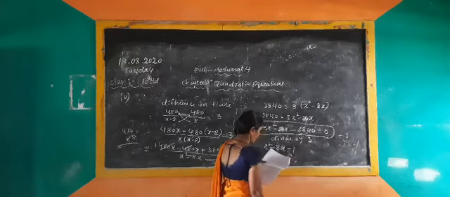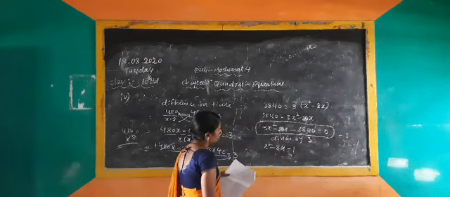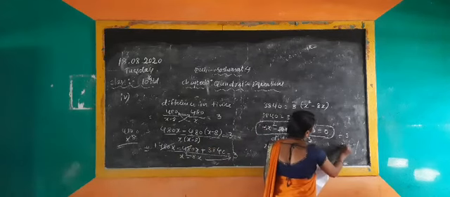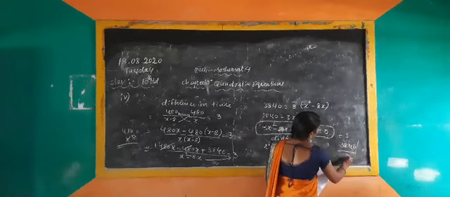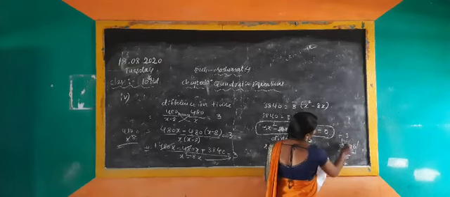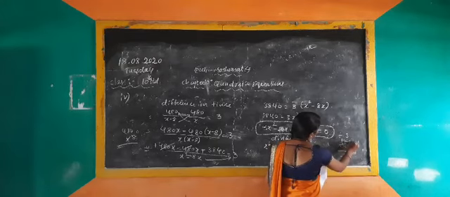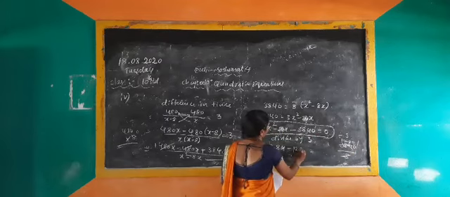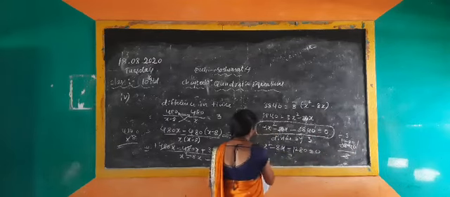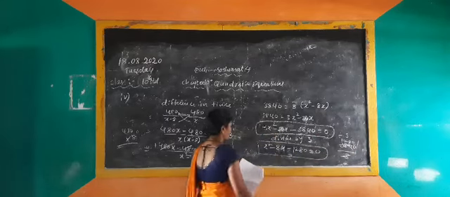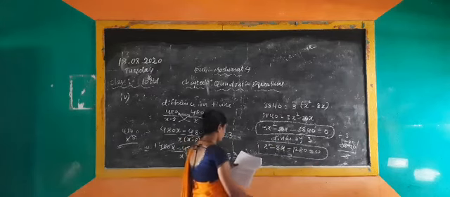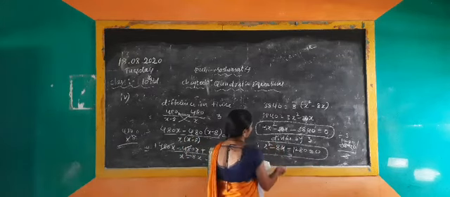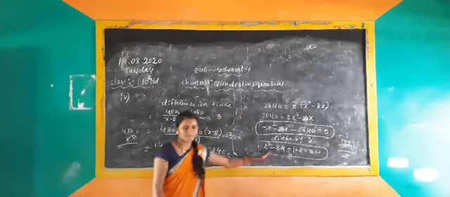You have to cancel; how much you will get, see the answer. 3840 divided by 3: 3 1s are 3, 3 2s are 6, 3 8s are 24, means 1280. It's the simplest form. It is in the form of x square plus bx plus c, and minus also is right.